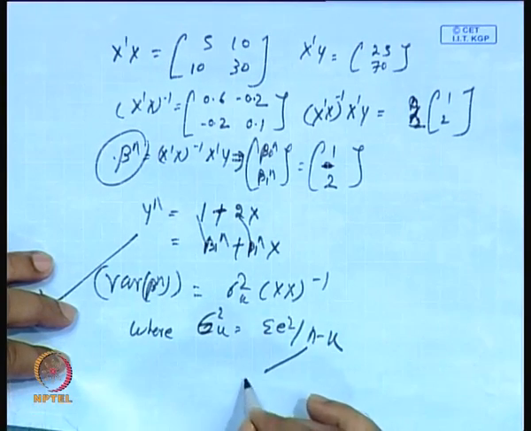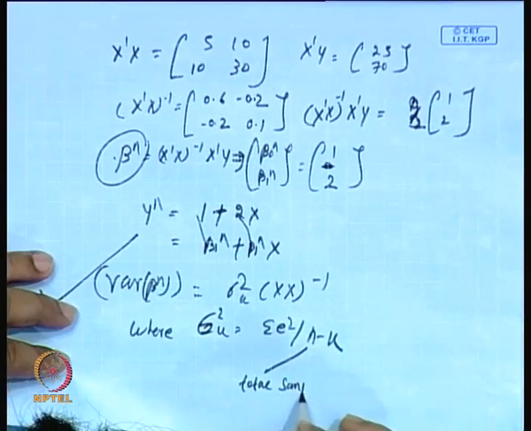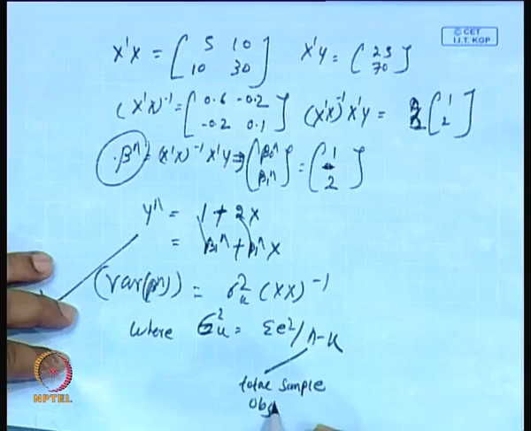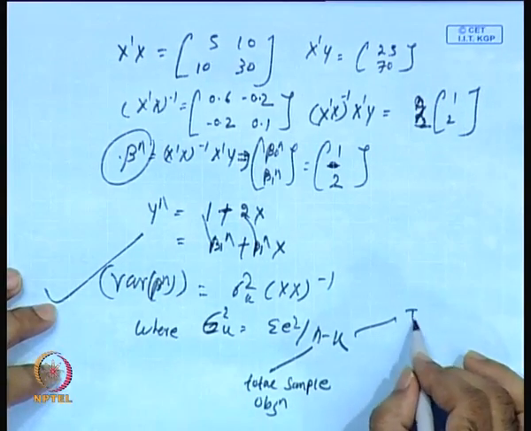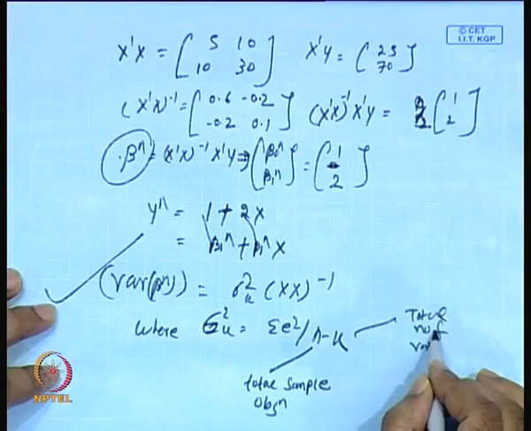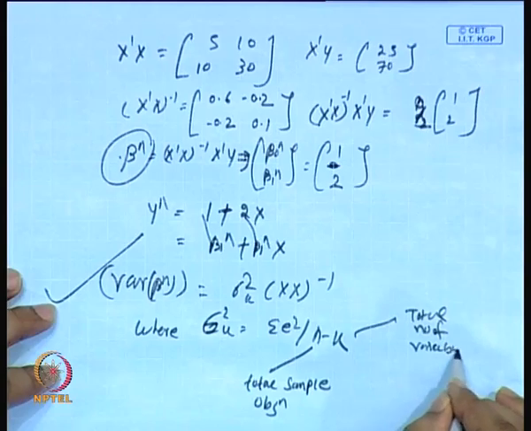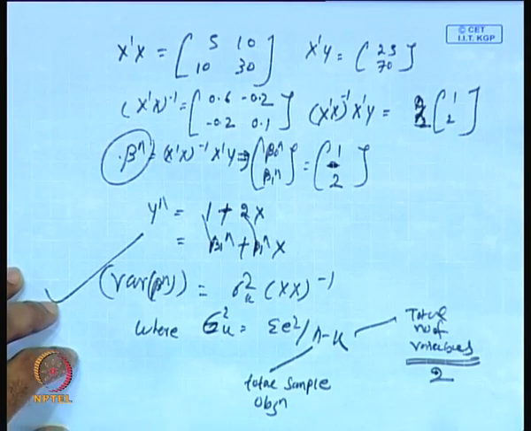Here n represents the total number of sample observations, and k represents the total number of variables, so k is 2 here, because only two variables are there, y and x.